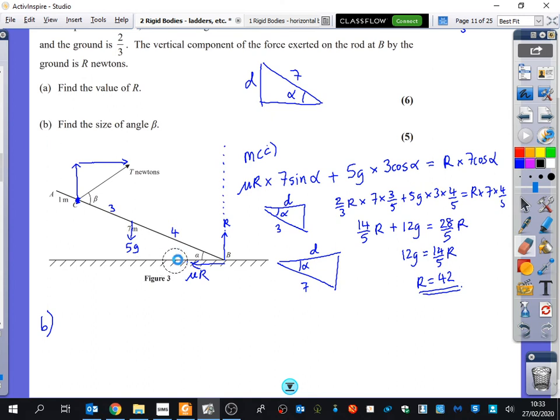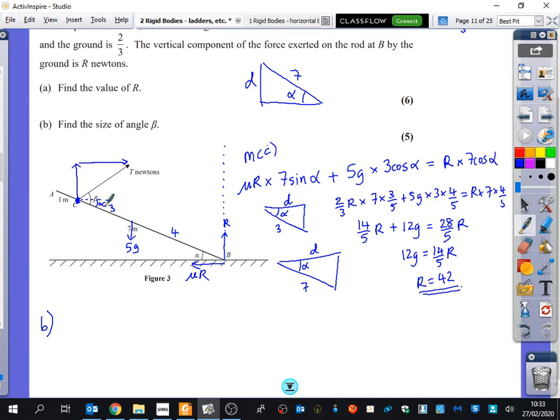So we go back to the diagram that we had previously. Now, this is the bit that is not so good. If this is beta, this is alpha. One second. Five G is 42 plus T sine beta.